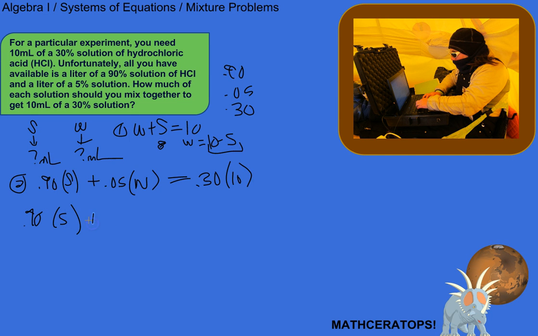Okay, so I'm substituting in 10 minus S for W. This 5 is going to look like an S, strong. Okay, I'll just try to exaggerate the S shape. So this is an S. That's a 5. Equals.